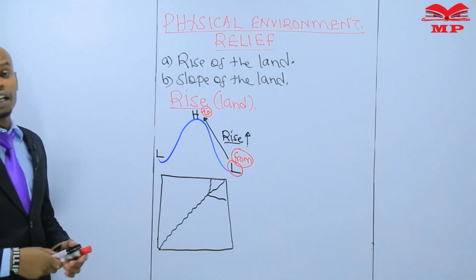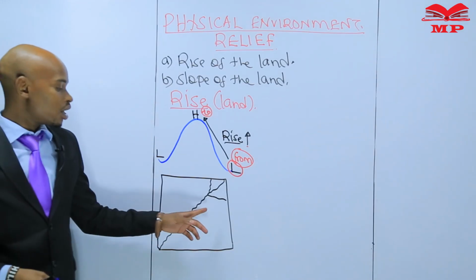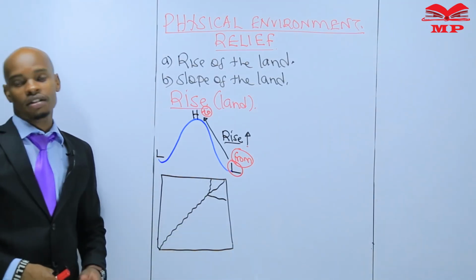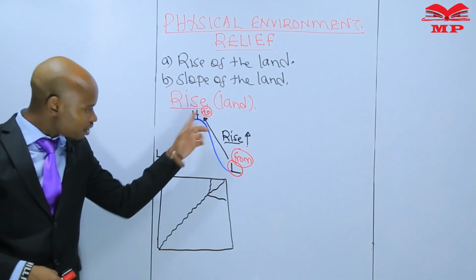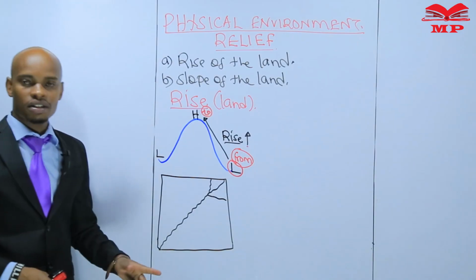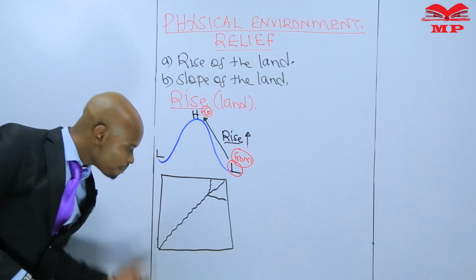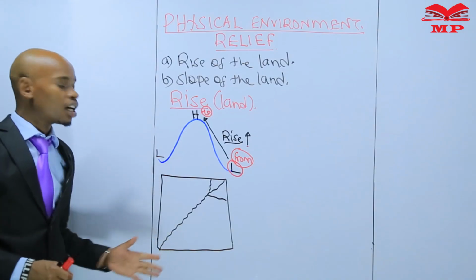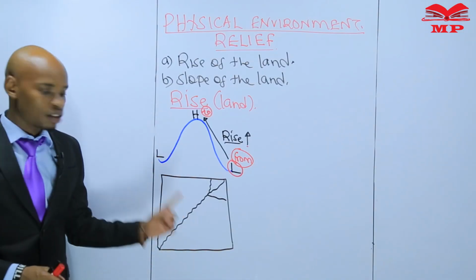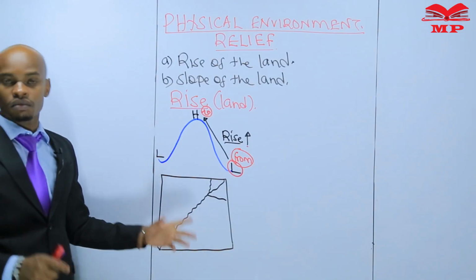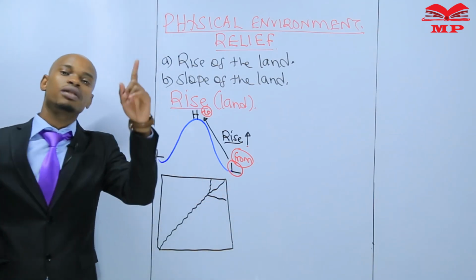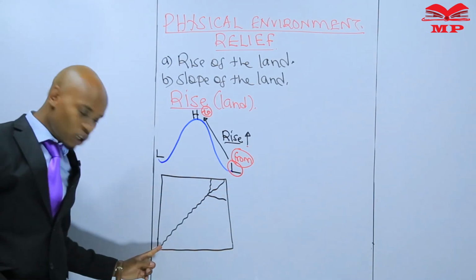If you want to know the highest place and the lowest place of a given map area, the best feature to use for that purpose is a river, simply because a river flows from a highland always to a lowland.